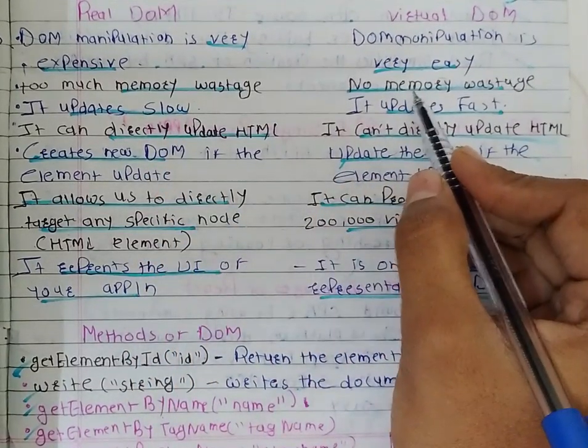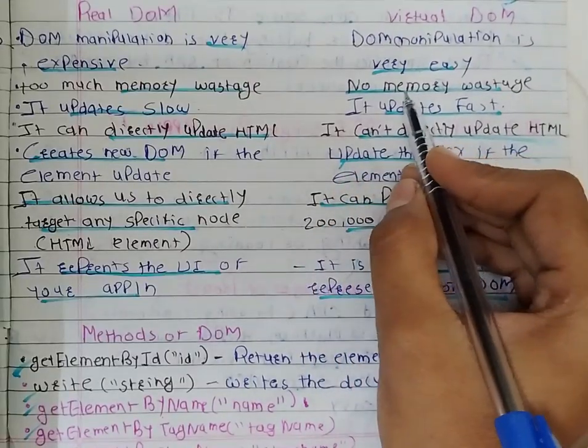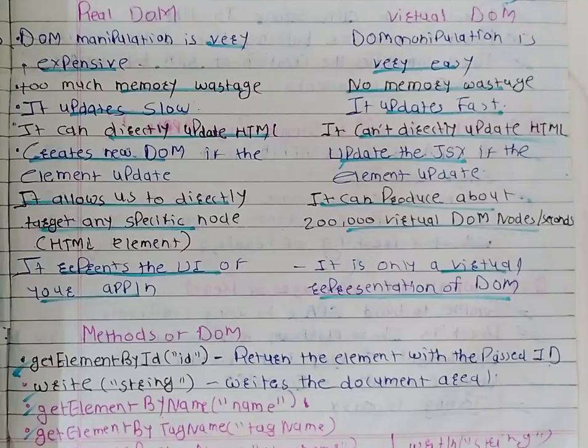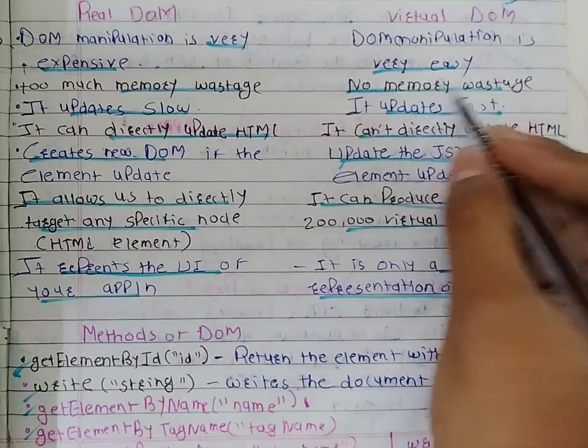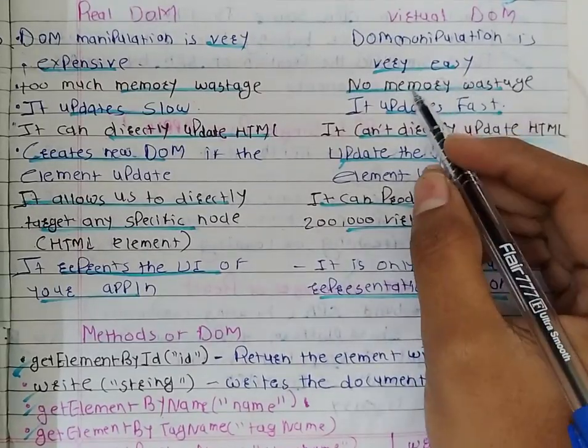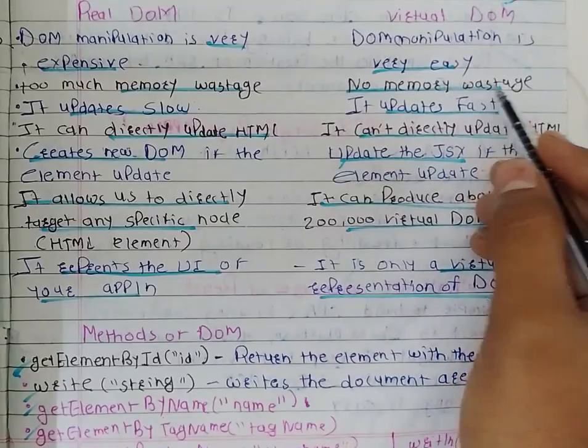Here, in virtual DOM, there is no memory wastage, because before updating the real DOM it always checks its current virtual DOM against its previous one. Then if there are any changes, only then does it update the real DOM.